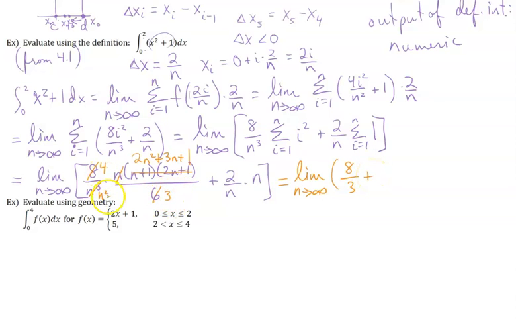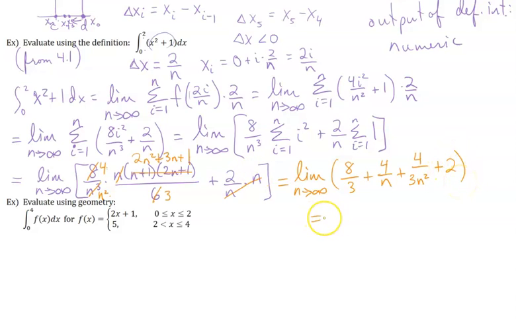Plus 4 over n squared times 3n over 3. 3n over 3 just reduces to 1, so 4 over n squared times n is 4 over n. And then 4 over n squared times 1 over 3 is 4 over 3n squared. Plus, and then right here, cancel those n's, we get a 2.